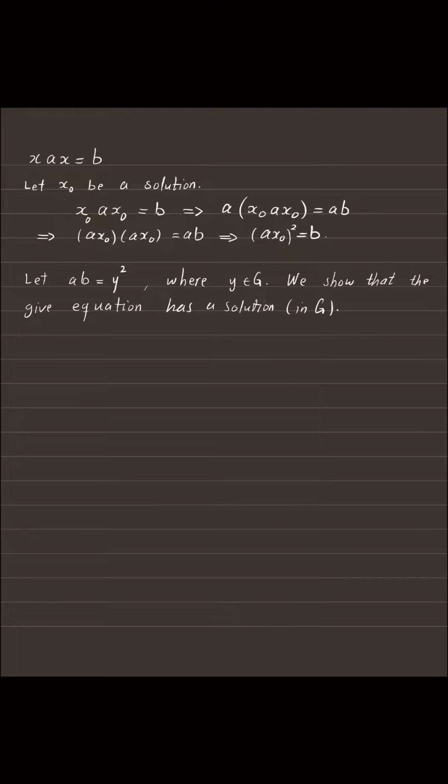Okay, so let us open a scratch paper. So let me change my color. I say that ab is equal to y squared, and I want to solve this equation. So I will start from here, motivated by the method I used for the first part of the problem. I multiply both sides by a.